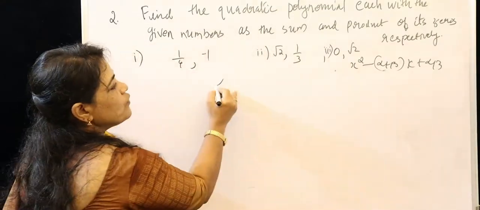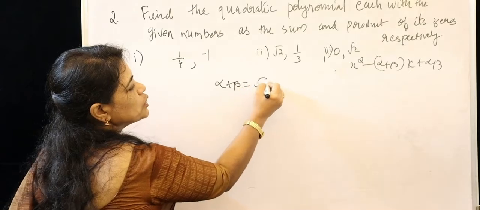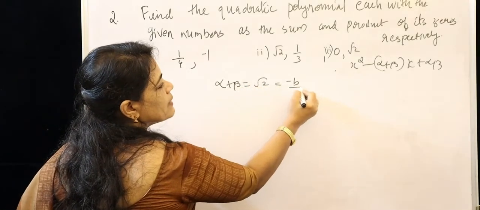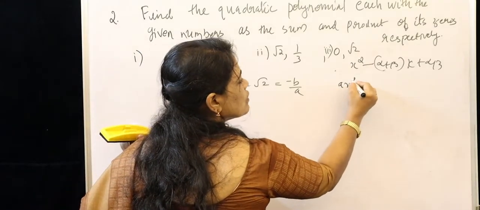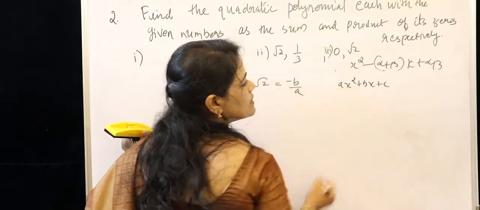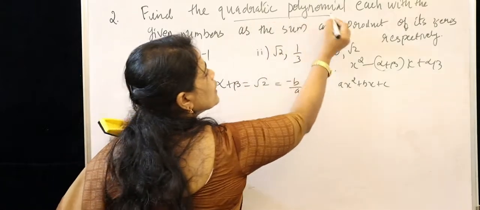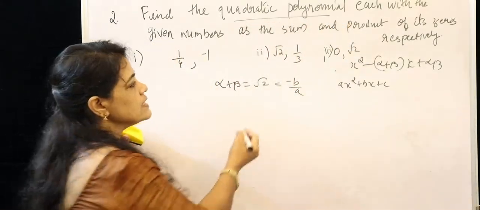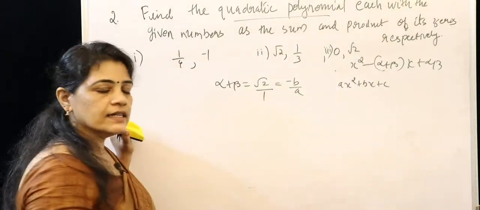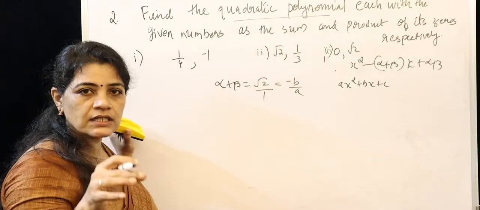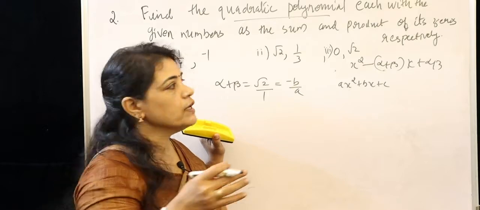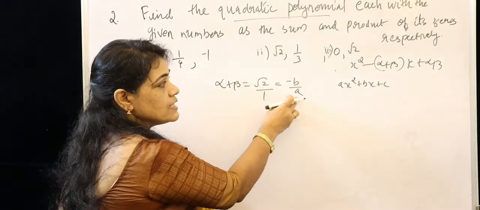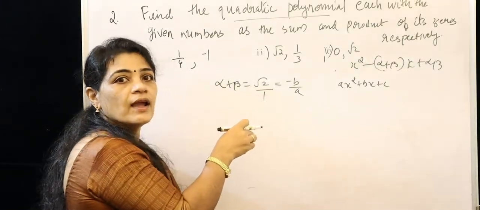See children, alpha plus beta, that is root 2, is minus b by a. What is the general form? Ax square plus bx plus c. This is the general form of a quadratic polynomial. So root 2 can be written with numerator and denominator. Here minus b by a, so root 2 by 1.